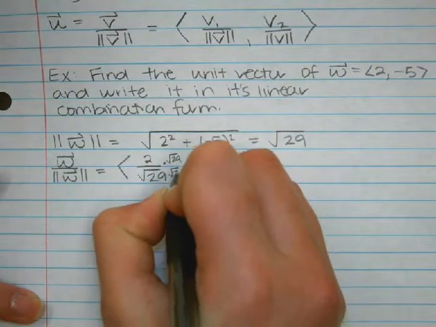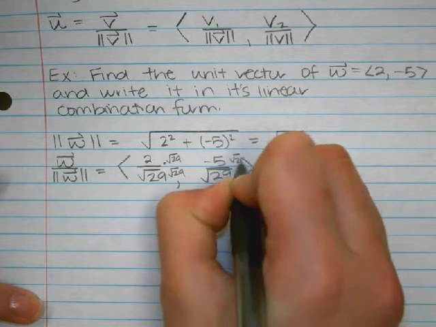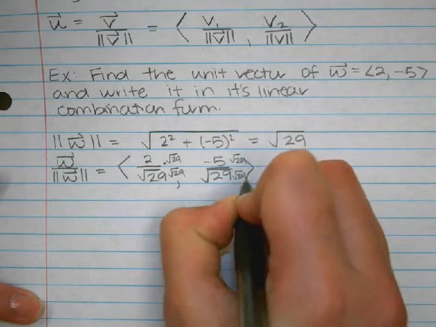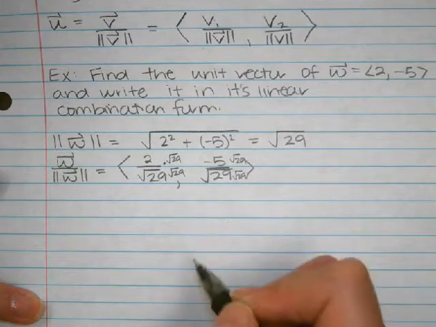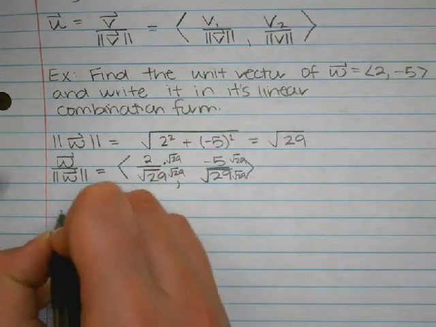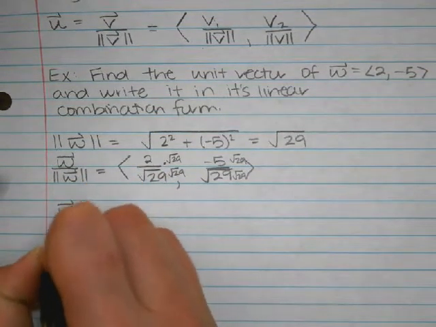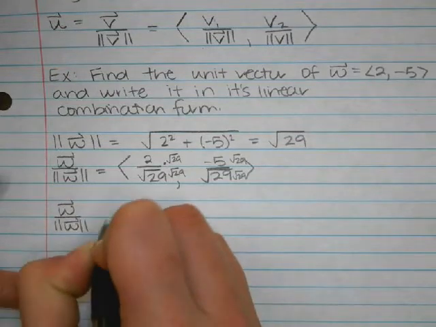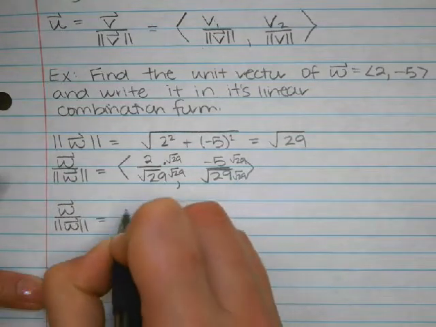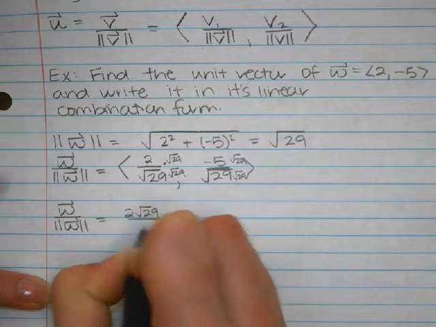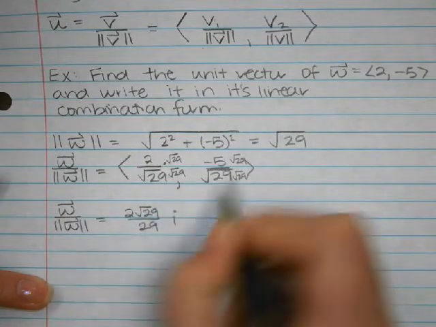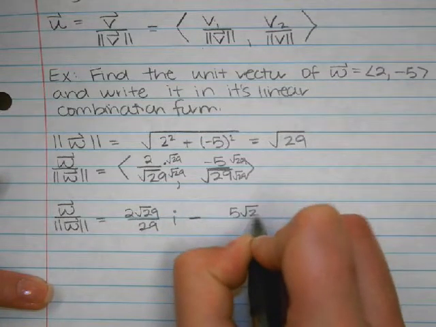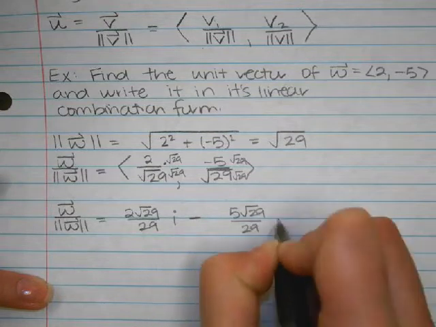And I need to change the form anyway. I wrote this part of my work in component form. I need to write it as a linear combination. So I'm going to say the unit vector of w is 2 square root 29 over 29i minus 5 square root 29 over 29j.